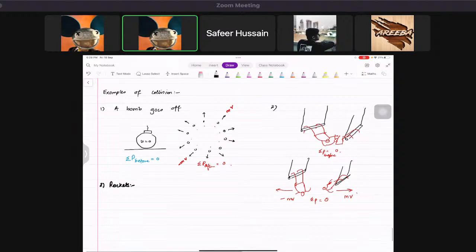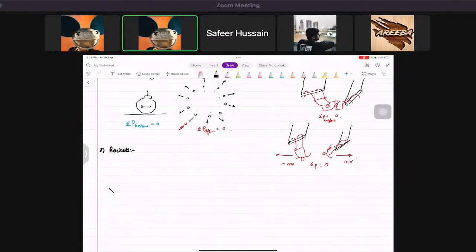Now we look at rockets, okay? So in case of rockets, suppose there is a rocket that's just about to get fired, and right now the momentum is zero, but when the rocket starts to move, is it also zero or what?